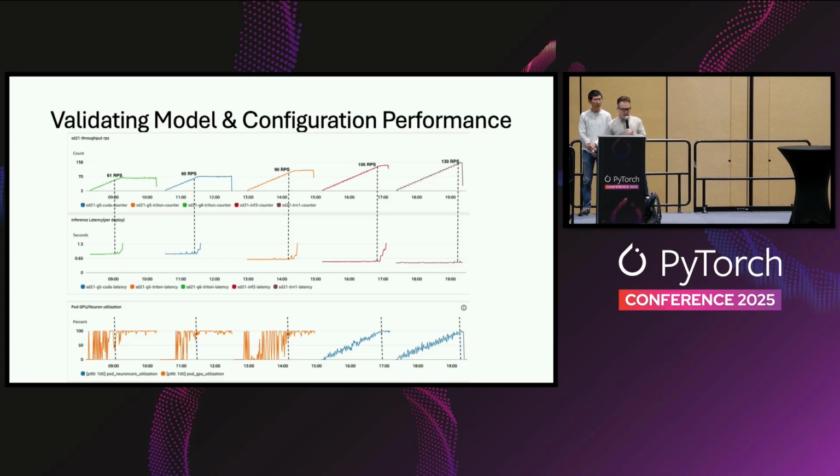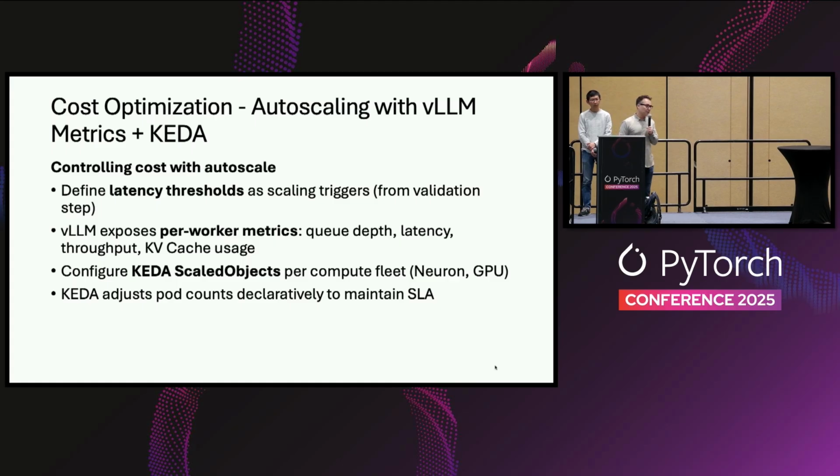And what we've done with this, we created 5 KEDA objects. KEDA is an open source project in the Kubernetes open source ecosystem that basically allows you to watch the RPS per deployment unit and increment or decrement the number of required pods, the required model units that you need, right?